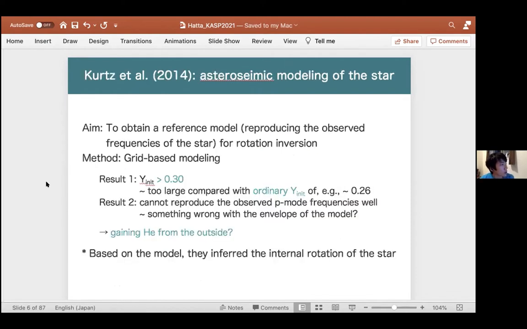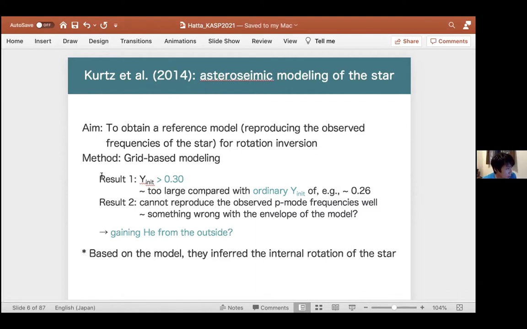Let me explain the first asteroseismic study of the star, Kurtz et al. 2014. Their first aim was to obtain a reference model for rotation inversion based on grid-based modeling. Here are 2 main results about the best model they obtained, and they are very interesting.